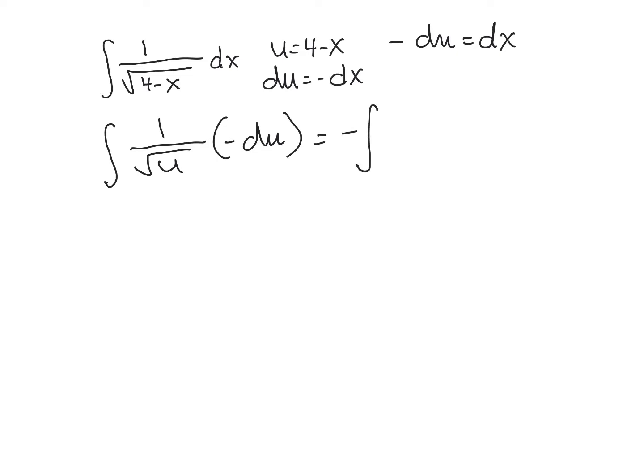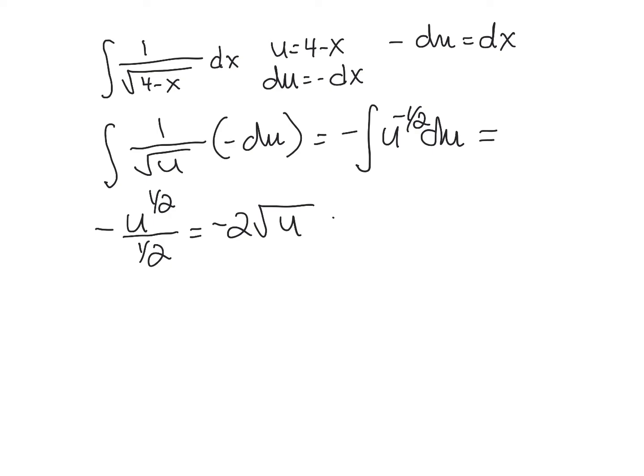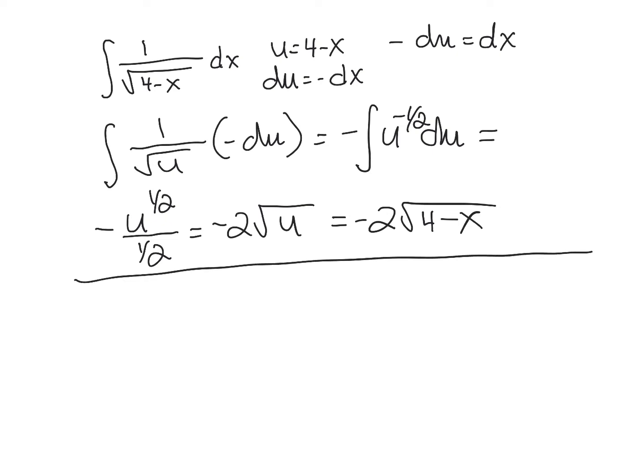So we can pull the minus out, write u to the minus 1/2 du, and use the anti-differentiation formula, add 1 and divide by the new exponent. This will be minus u to the 1/2 over 1/2, or negative 2 times square root of u. And then back to x, it's negative 2 square root of 4 minus x. That's the antiderivative. So now we can evaluate the improper integral.